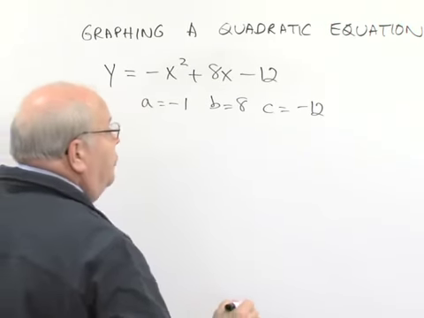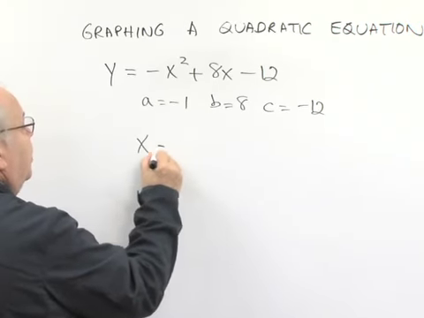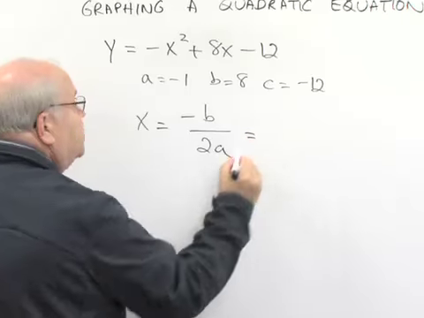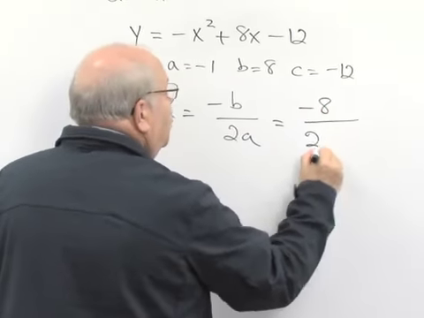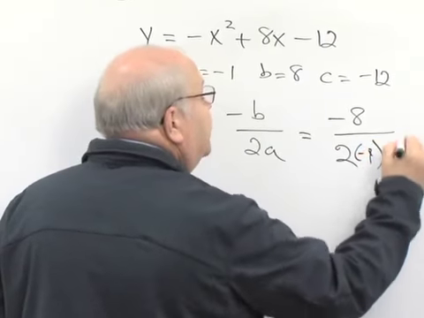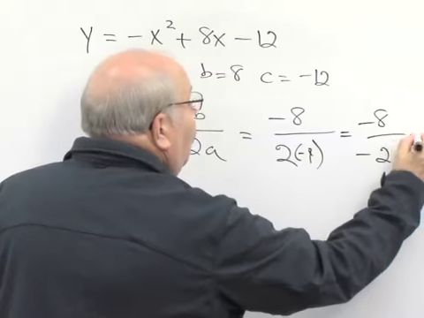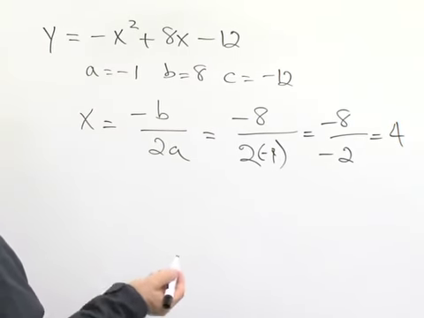So if I use the formula, the vertex occurs when x equals -b over 2a. That's going to happen at -8 over 2 times -1. That gives us -8 over -2, or 4. So the vertex is going to occur when x is 4.